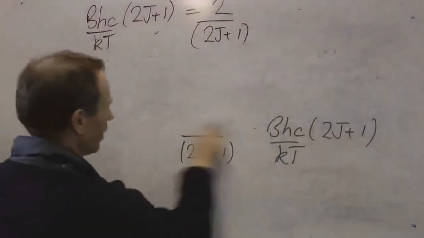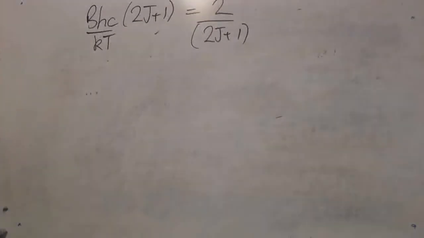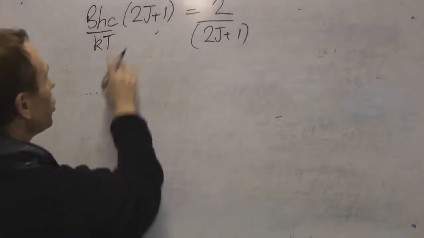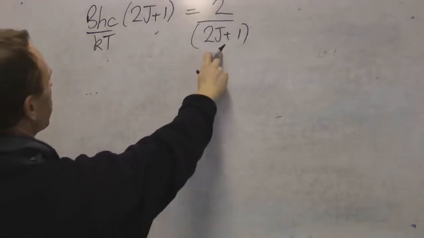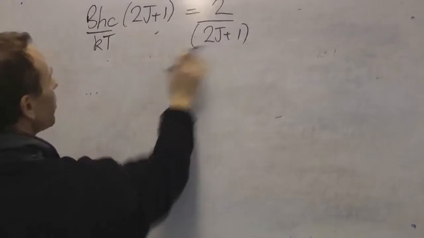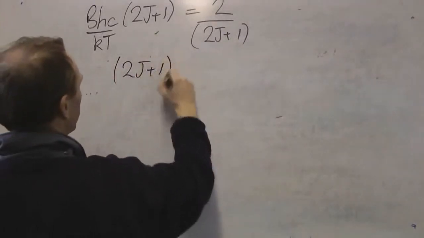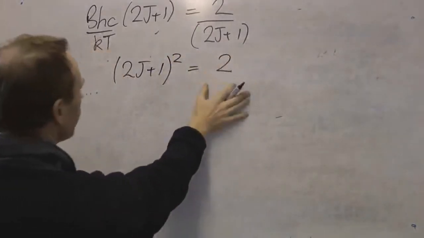Now I can get rid of this, give me even more space. So what we do now is just rearranging. We want all the j's on one side. So you can see you've got 2j plus 1 here and a 2j plus 1 here. So if you multiply both sides by 2j plus 1, we'll get 2j plus 1 squared equals 2 over BHC upon KT. So 2j plus 1 has gone from here to here.